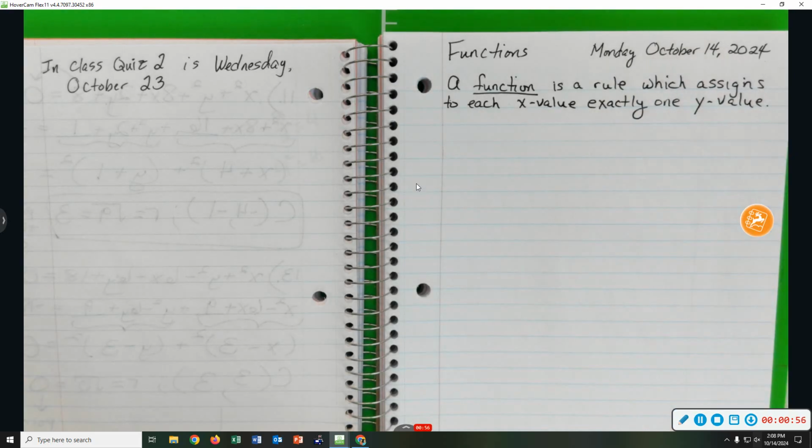So a rule which assigns to each x value one and only one, not two, not three, y value.